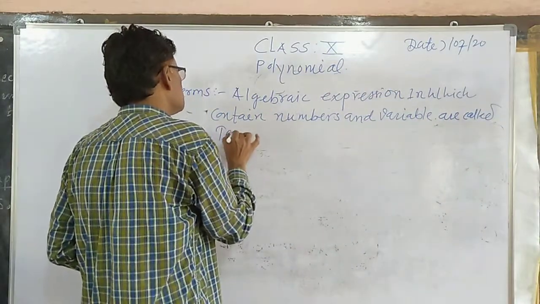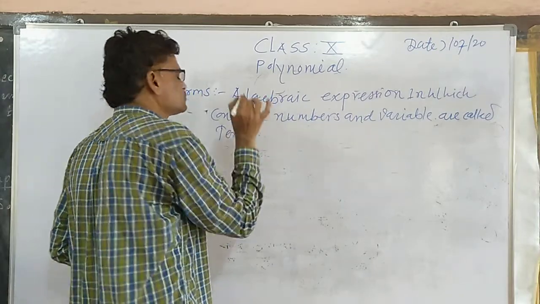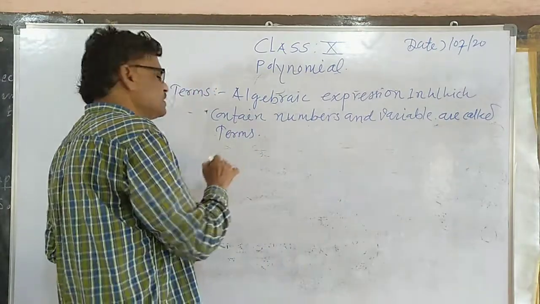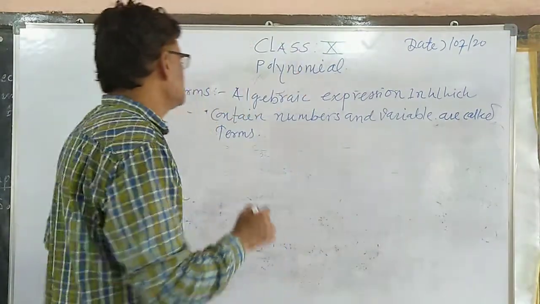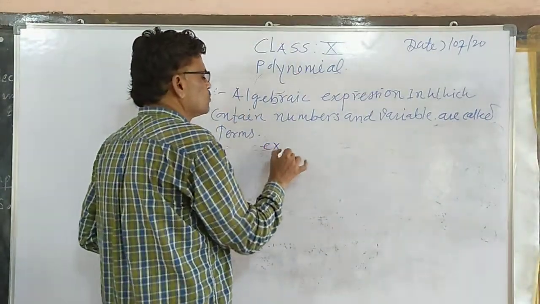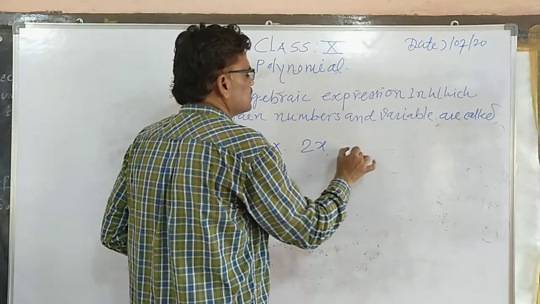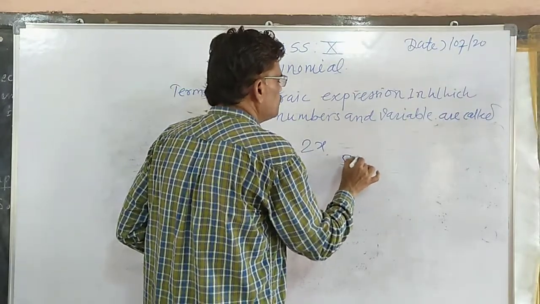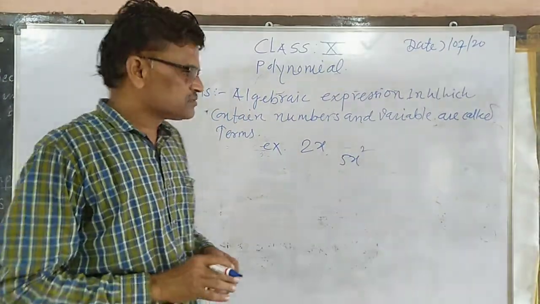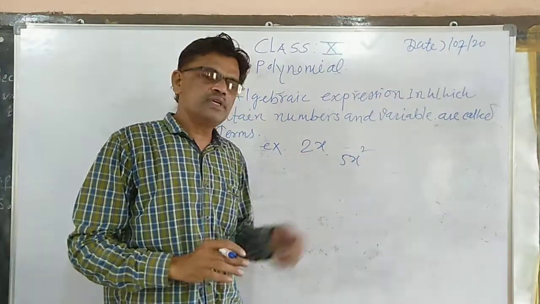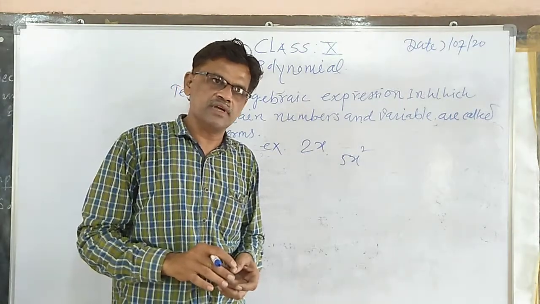What are the examples of the terms? You see here 2x and 5x square. If you observe this, 2 is the coefficient and x is the variable.